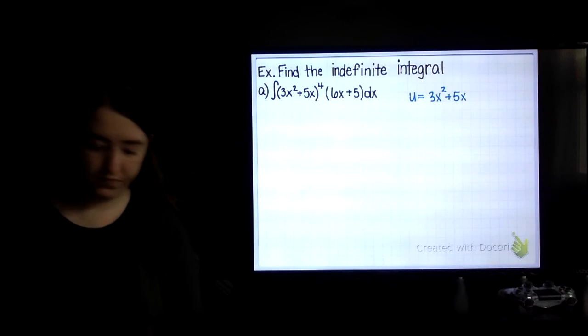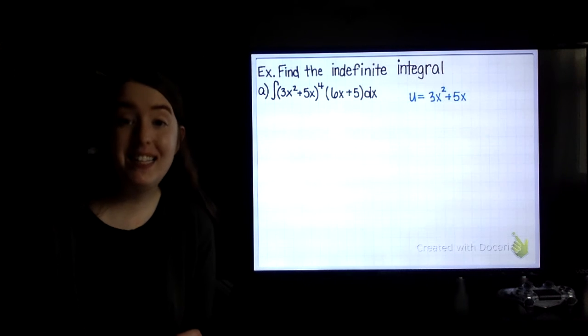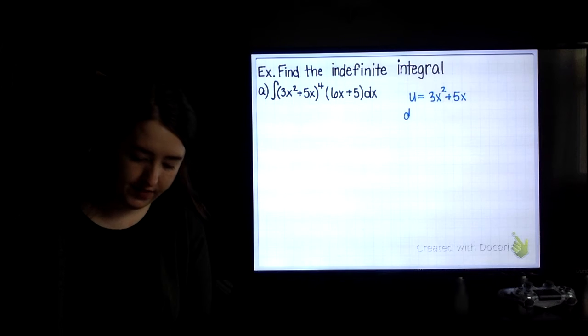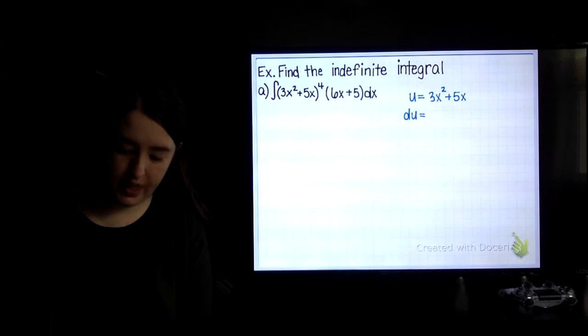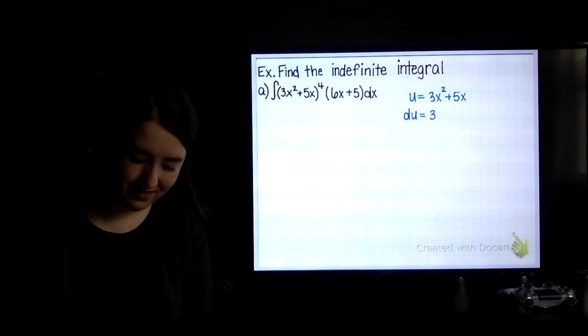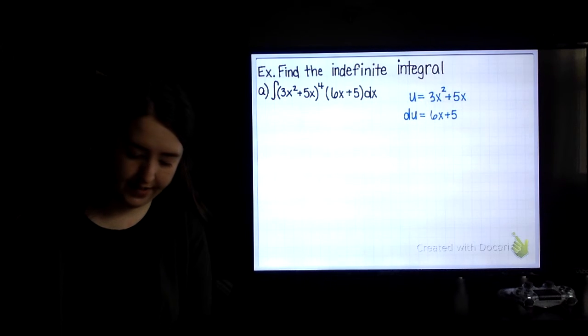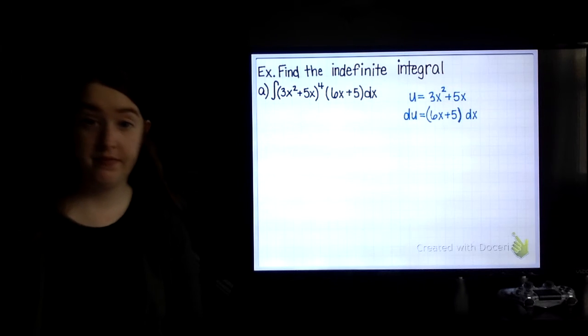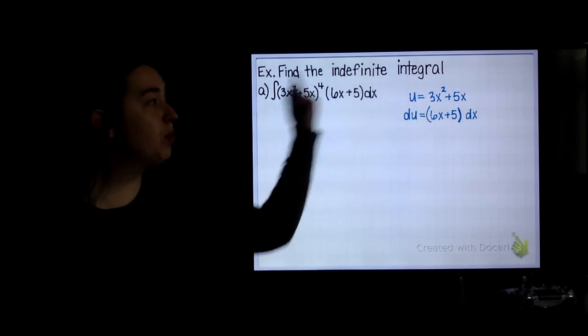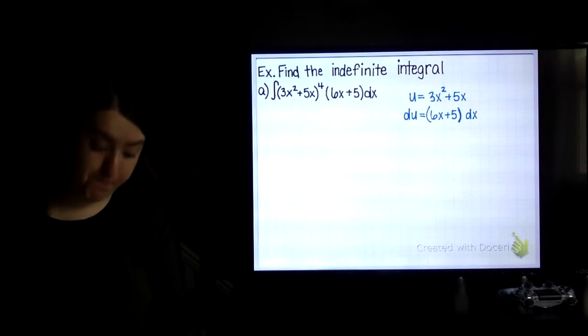Now, if I take the derivative of this, I'm going to have du equals 6x plus 5, all of that, dx, right?